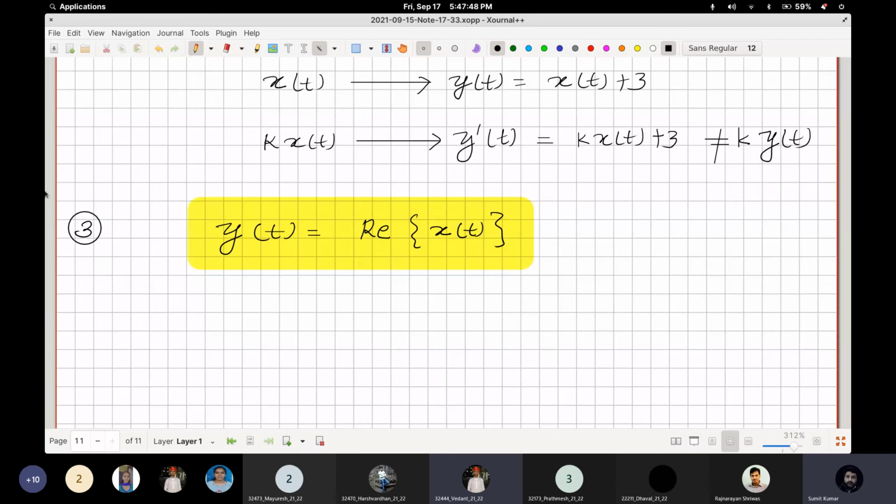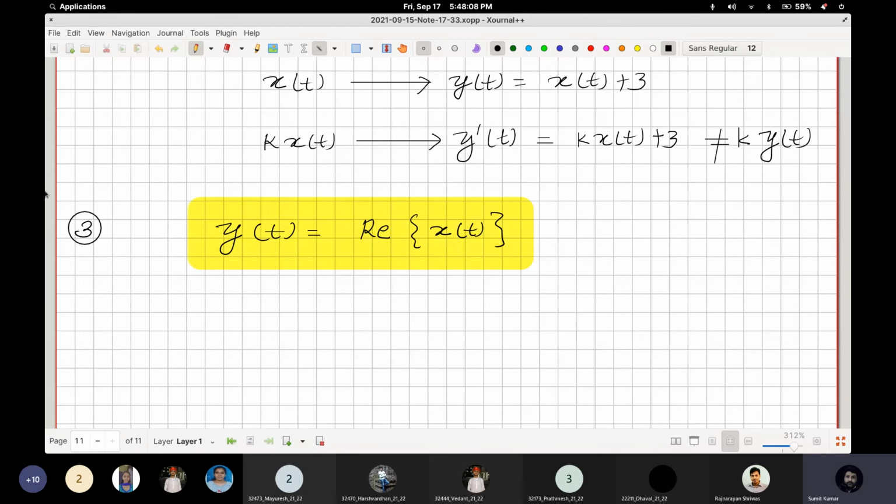Additive and non-homogeneous. You are saying it is additive, right? Yes, and not homogeneous. Anyone else?